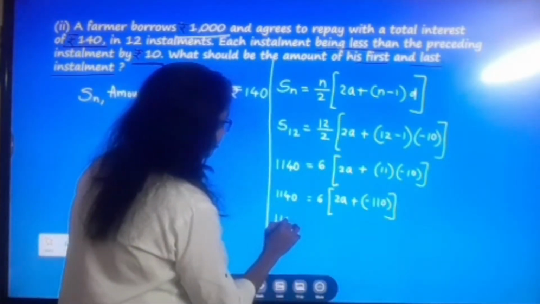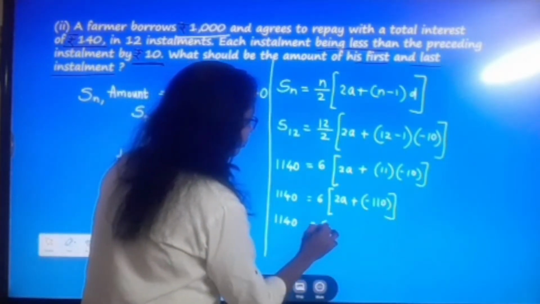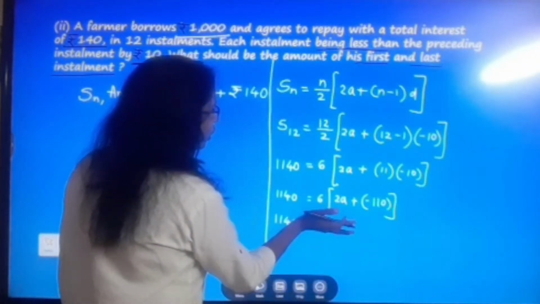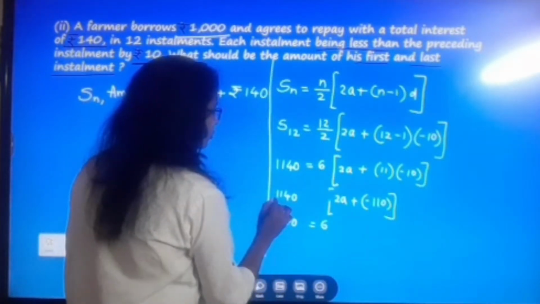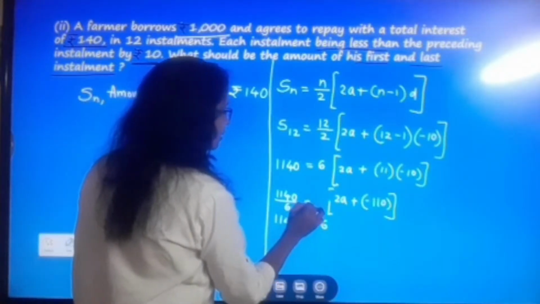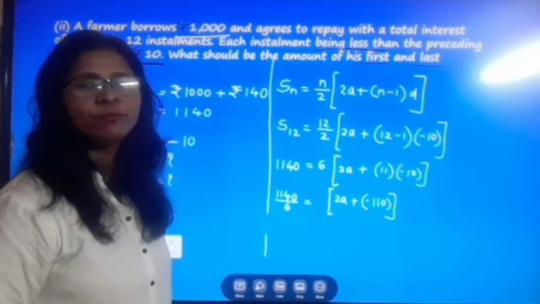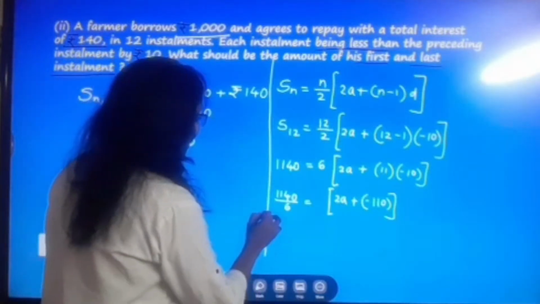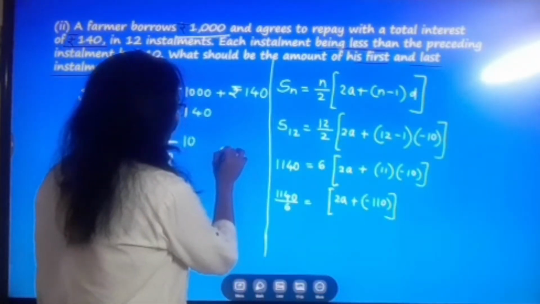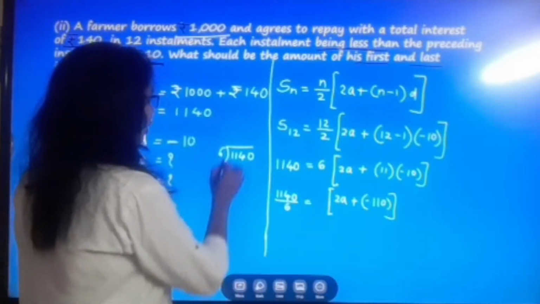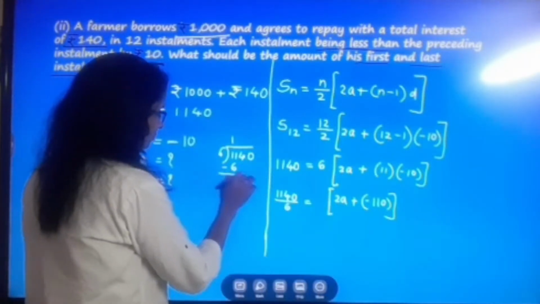Here you can divide by 6 on both sides. So after dividing 1140 by 6, the answer will be, 6 ones are 6.